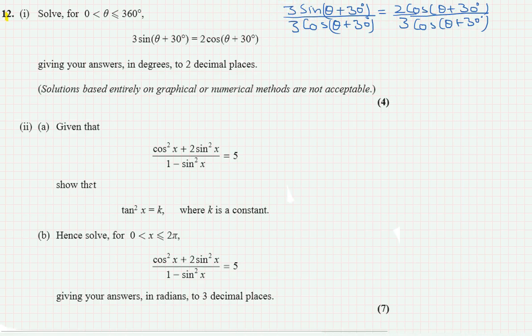So 3 and 3 are going to cancel. Cos (theta plus 30) and cos (theta plus 30) cancel. So what we are having is sine over cos, that is tan (theta plus 30), is equal to 2 over 3. So theta plus 30 is equal to tan inverse 2 over 3.